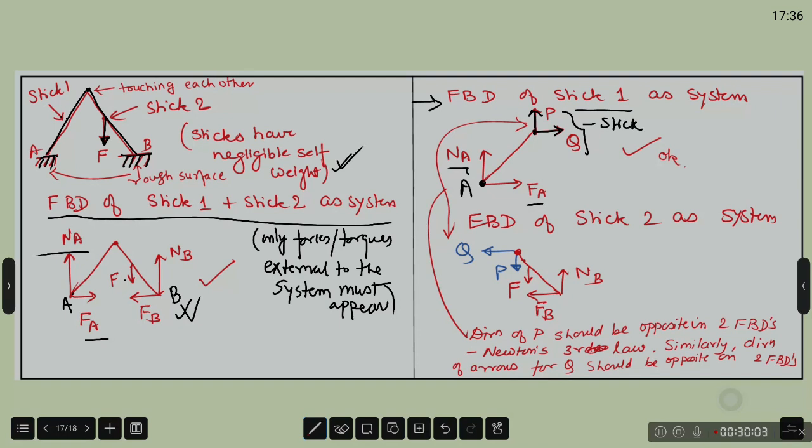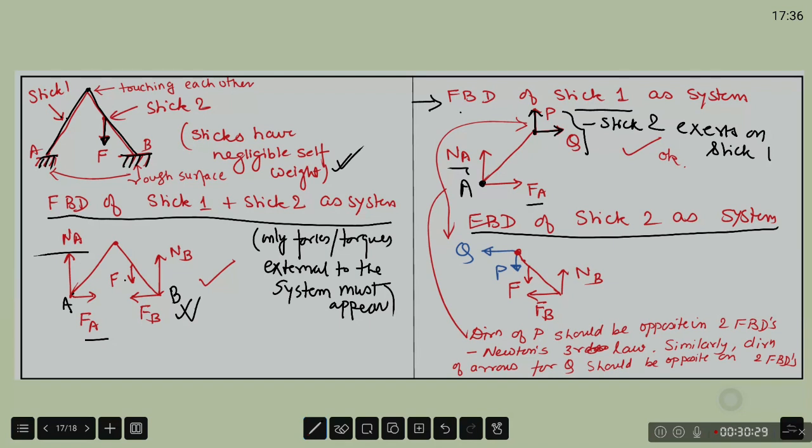Alright, now for some reason I have to draw the free body diagram of stick 2 as well. So you have to now draw the free body diagram of stick 1 along with the free body diagram of stick 2. FBD of stick 1 I have already drawn like this. Now let's have a look at FBD of stick 2.